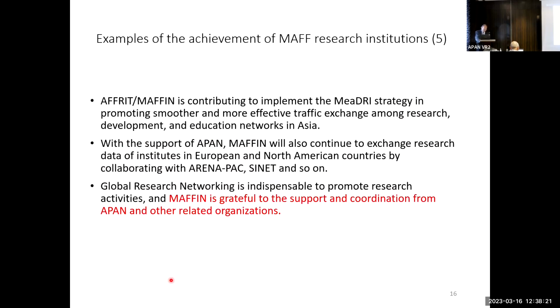I introduced some research project examples using advanced ICT technology because a global research network is indispensable to promote research activities. MAFFIN is grateful to the support and coordination from APAN and other related organizations.